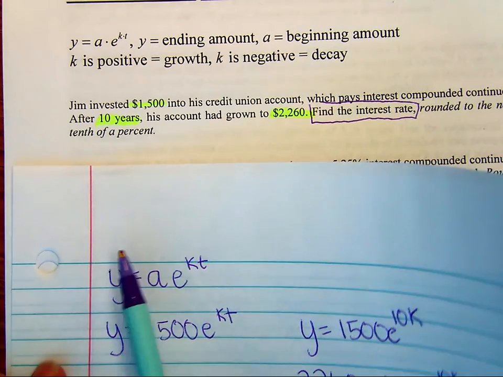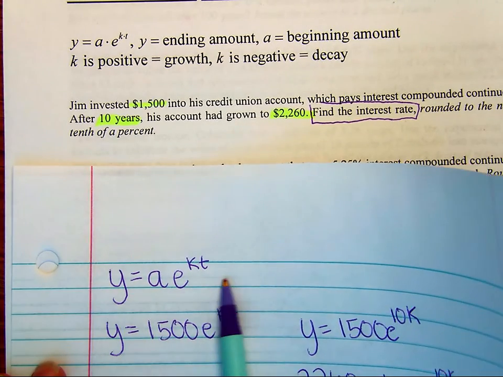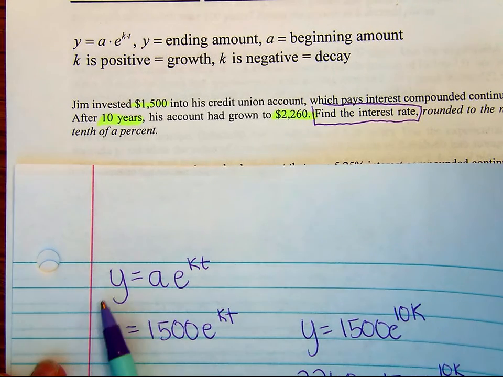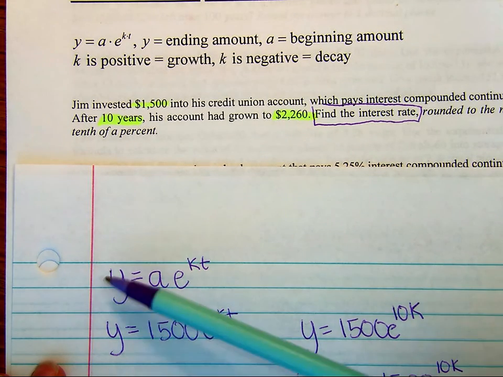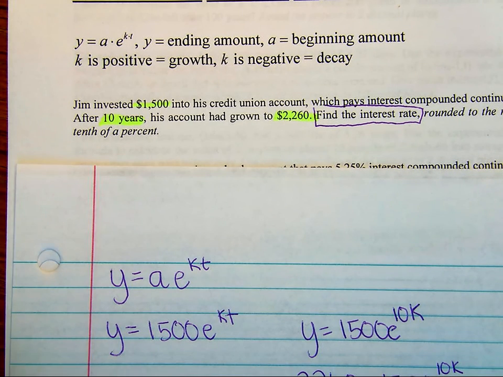I could ask you to solve for any of these variables, so you need to know what all of them represent and then be able to fill in what you're given. We will do a couple more examples in class, but this should be enough to get you started. Remember, we're modeling exponential growth or decay of some real life examples.